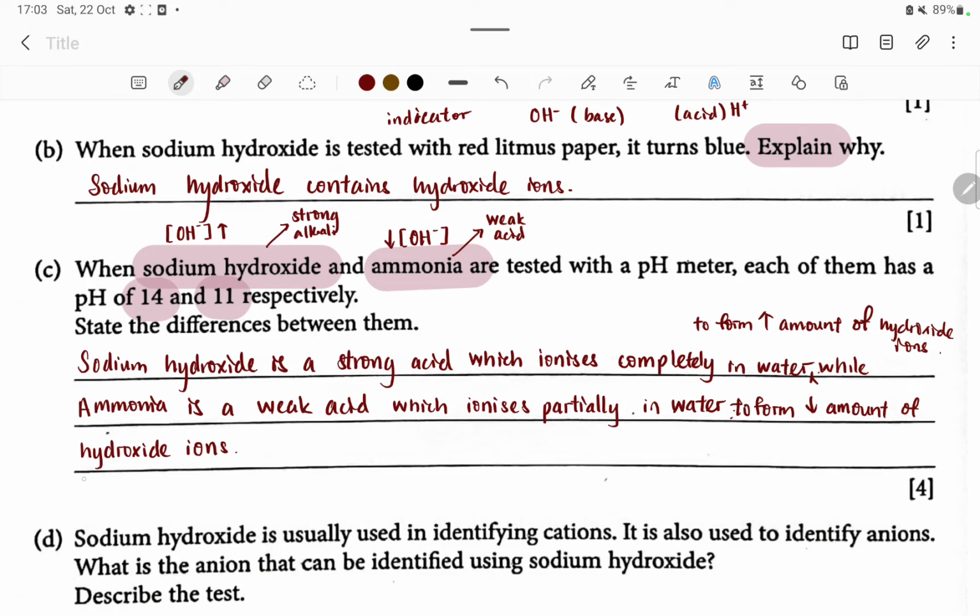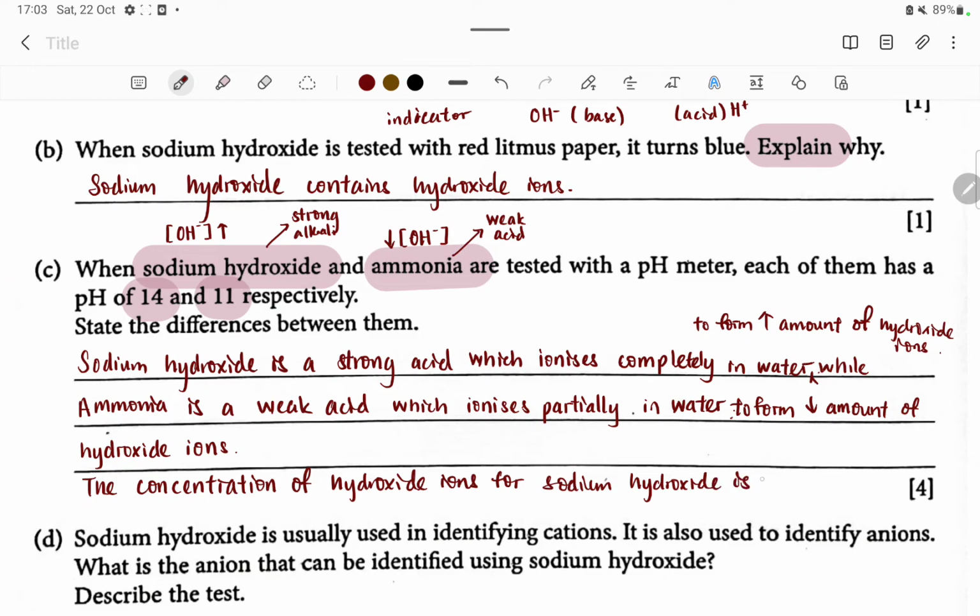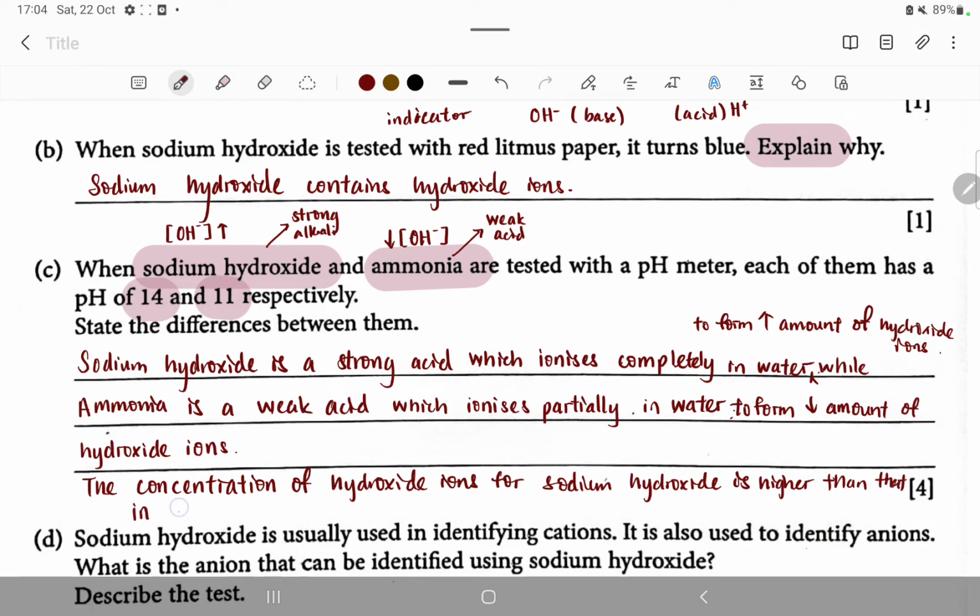So the concentration of hydroxide ions for sodium hydroxide is higher than that in ammonia.